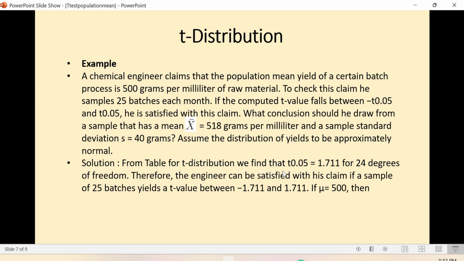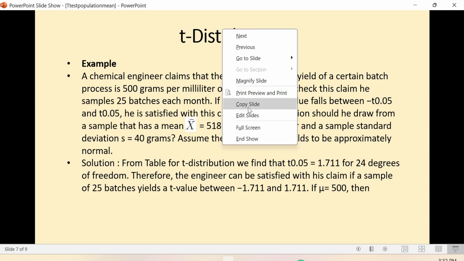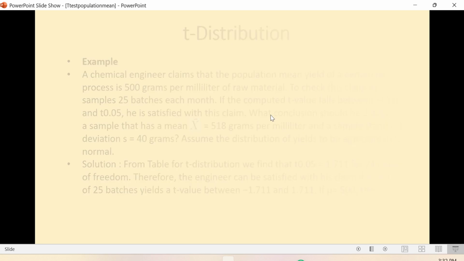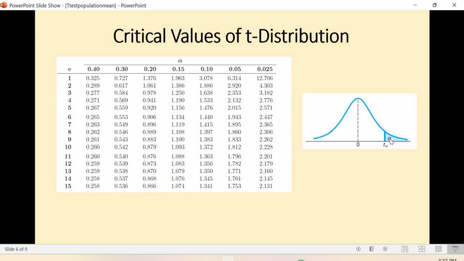So here we first find the t critical value associated with this alpha level. If we look back here, alpha 0.05 on both sides, this will be found from 24 degrees of freedom for the t-distribution.